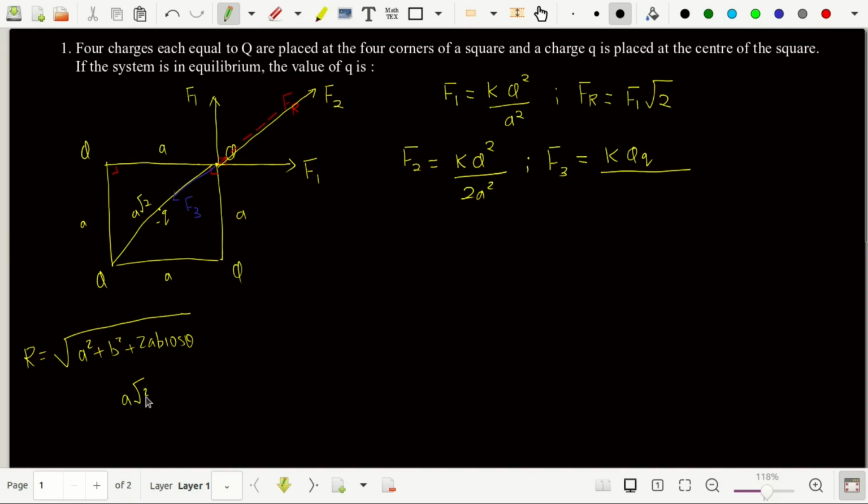So half of the diagonal would be A root 2 by 2, and if you just rationalize the denominator, you will be getting the expression in this way. Just a thorough calculation, so this gets cancelled out and you get a root 2. You substitute the square of the distance, so it becomes A square and the 2 comes to the numerator.